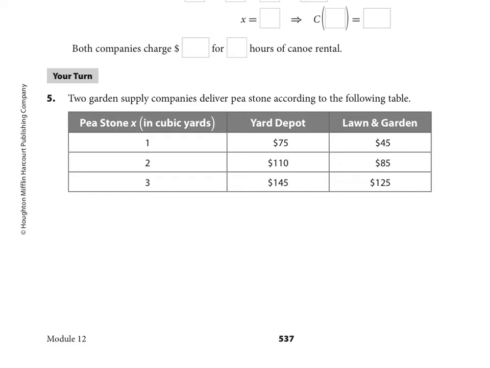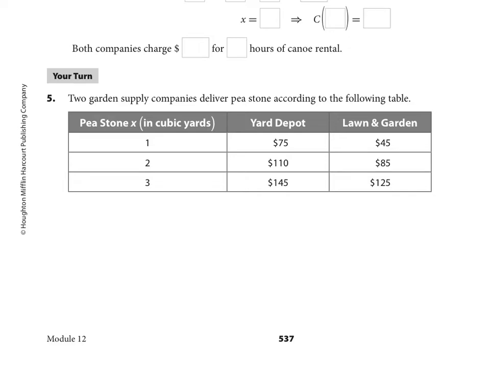Okay, so our X is the amount of P stones in cubic yards. That's how it's measured. So that means 1 cubic yard, 2 cubic yards, 3 cubic yards. And this is how much it costs at Yard Depot. This is how much it costs at Lawn and Garden for this many cubic yards of P stone.